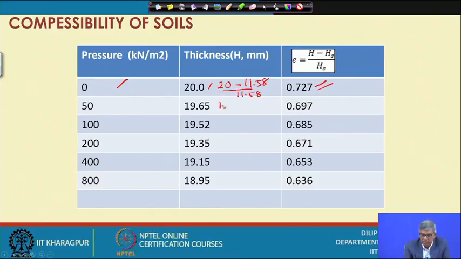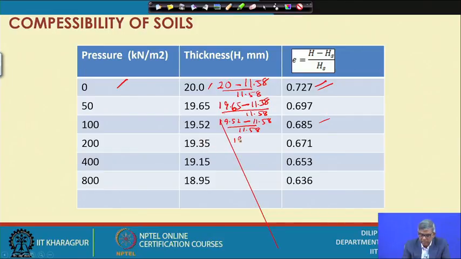Similarly, it is 19.65 minus 11.58, which is constant everywhere, divided by 11.58. If you calculate, you will get 0.697. Similarly, here 19.52 minus 11.58 divided by 11.58, you will get this value.